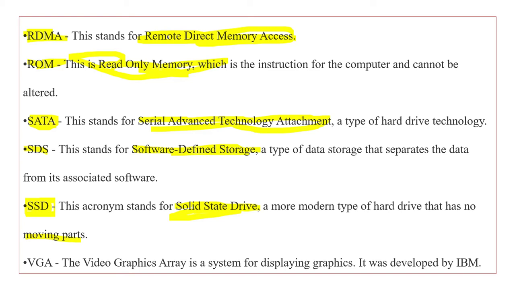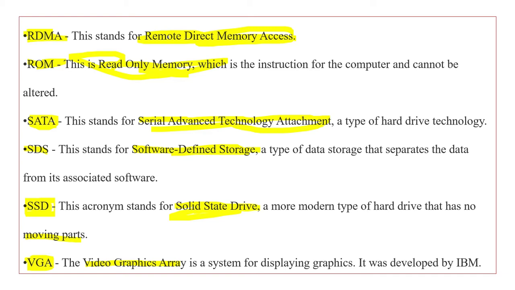Coming to the next, we have VGA. These are cables, cable type of things. What is VGA? VGA is Video Graphics Array, a system for displaying graphics. It was developed by IBM. VGA cable is also available. There is also a VGA port in the laptop, which you might have seen.